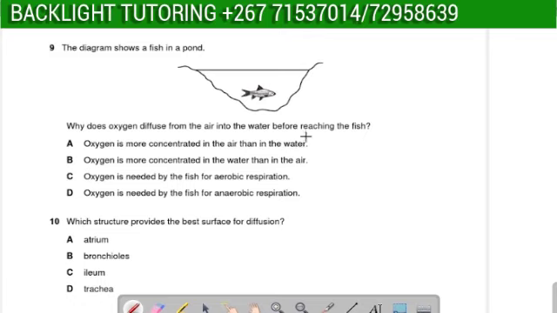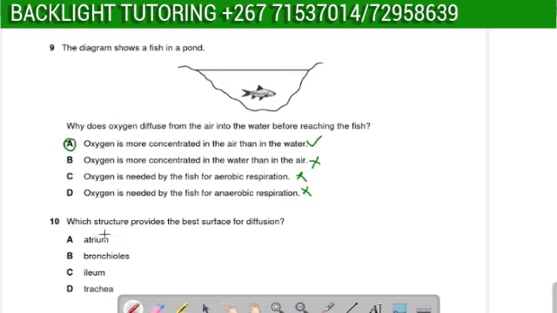This is a true statement. Oxygen is more concentrated in the water than in the air. Oxygen is needed by the fish for aerobic respiration. We are not interested in uses of oxygen, right? We are looking at the concentration. So that's why A is the best.